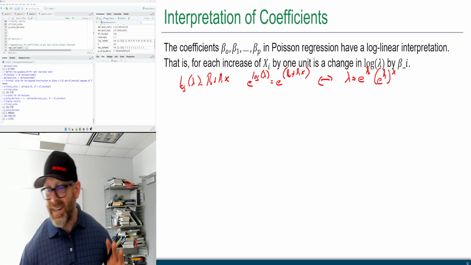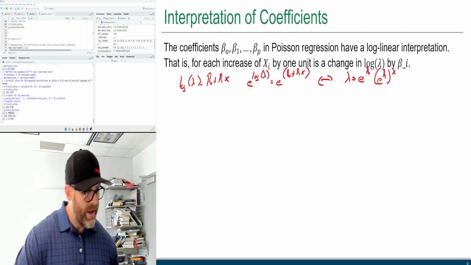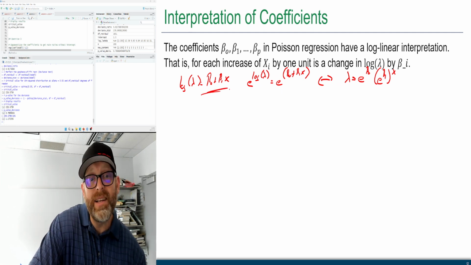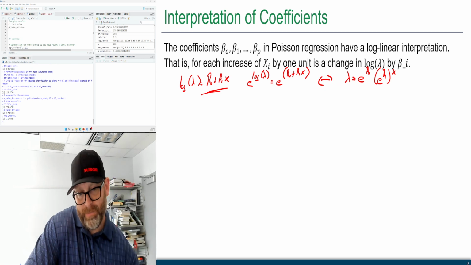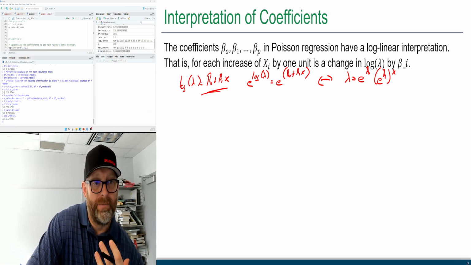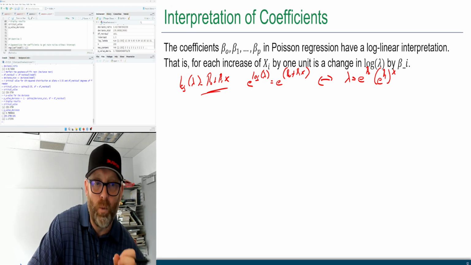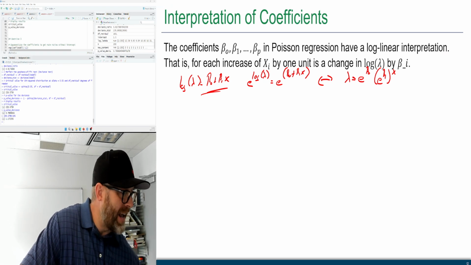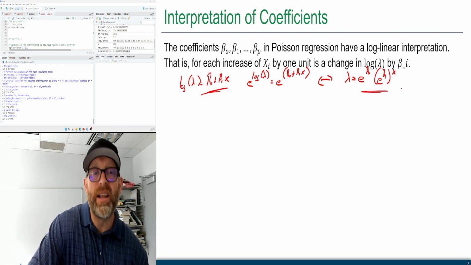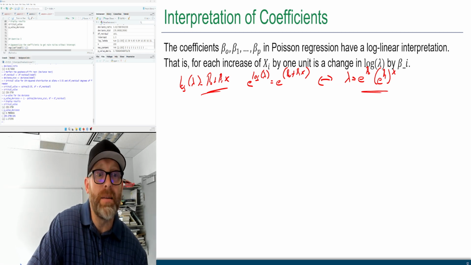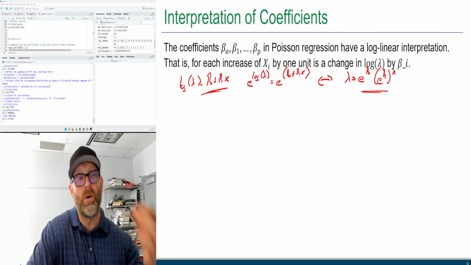Okay, so now it's a little bit different, because beforehand, what I had on my right-hand side was something that was additive. So with my log lambda, if I increased x by 1, I would have an additive increase by beta 1. But here on my right-hand side, I now have something that is multiplicative. So I'm going to see a percent increase or decrease based upon taking each one of these estimates and bringing e to that power.